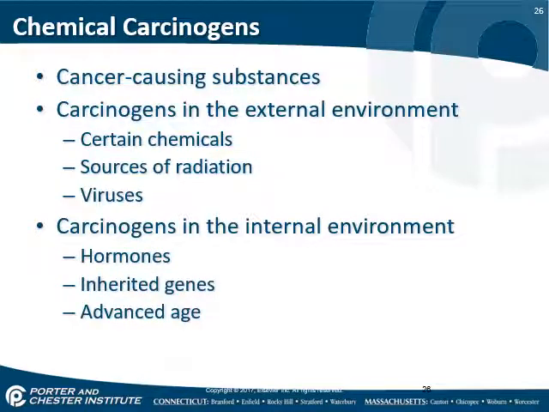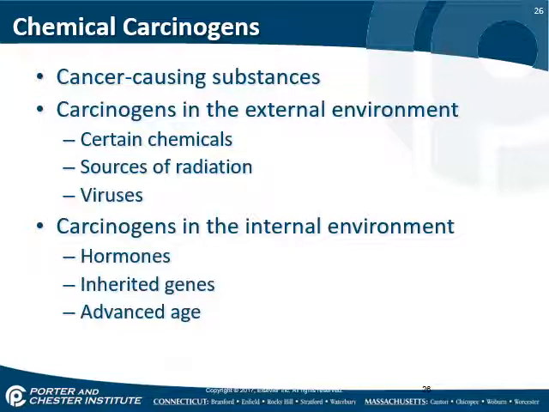Now, chemical carcinogens. These are cancer-causing substances, and they're found very often in the external environment. And these are chemicals, radiation, viruses. The first carcinogen was identified when there was a high incidence of cancer of the scrotum.